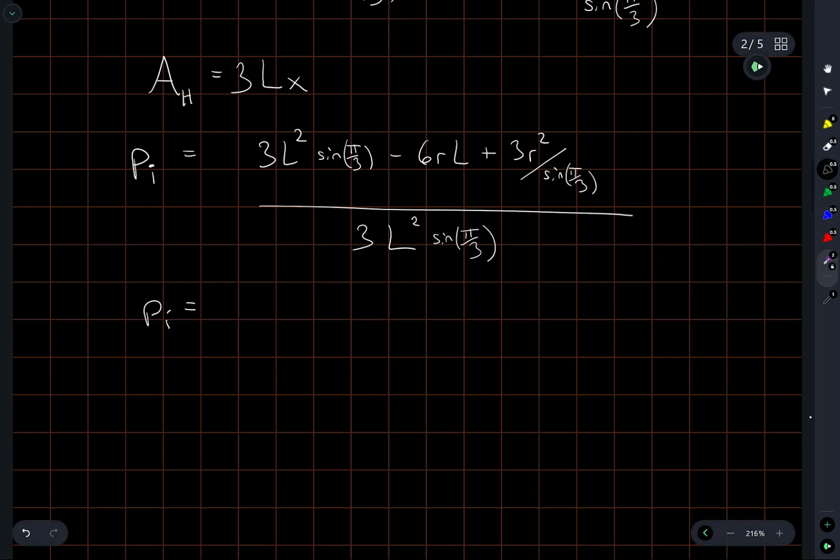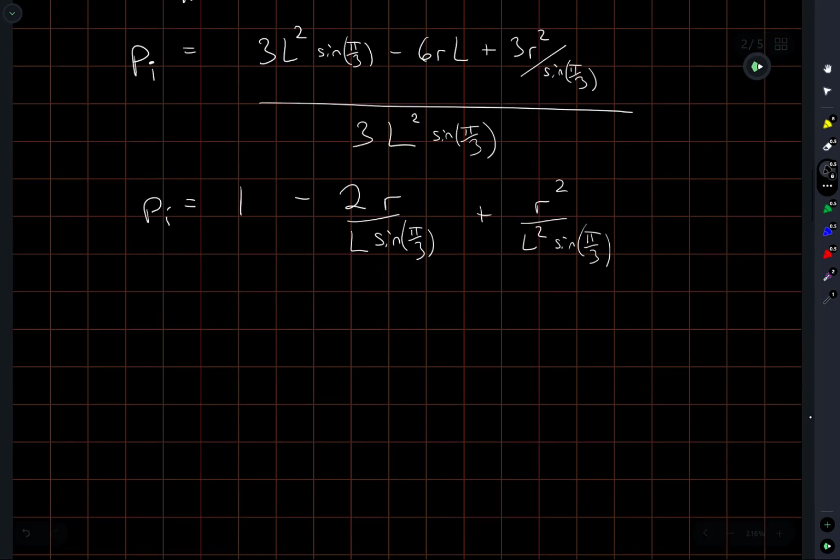Kind of like the chessboard version of the problem, we get a cancellation, or that turns into 1 completely. Minus 2R divided by sine pi over 3, and there's an L missing. Plus R squared over L squared sine pi over 3. This looks like something squared, doesn't it? This is (1 minus R over L sine pi over 3) squared.